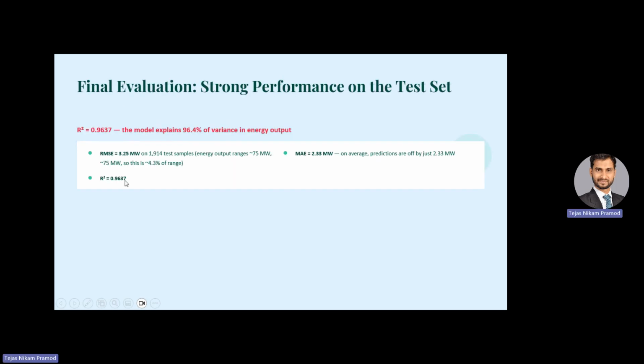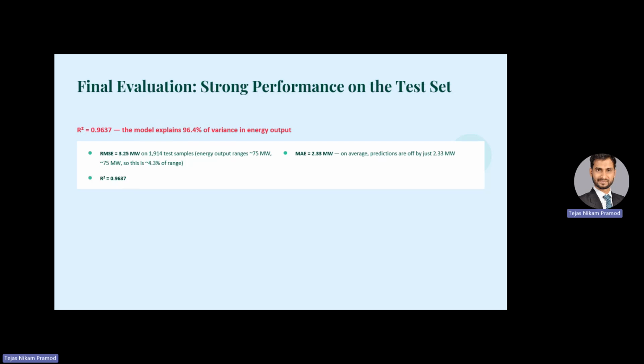And the final evaluation: we tested 1914 samples, with a root mean squared error of 3.25 megawatts. On these samples, the mean absolute error, MAE, was around 2.33 megawatts on average. So on average, predictions were off by 2.33 megawatts, and the R square here is 0.9637, which is a very strong R square.